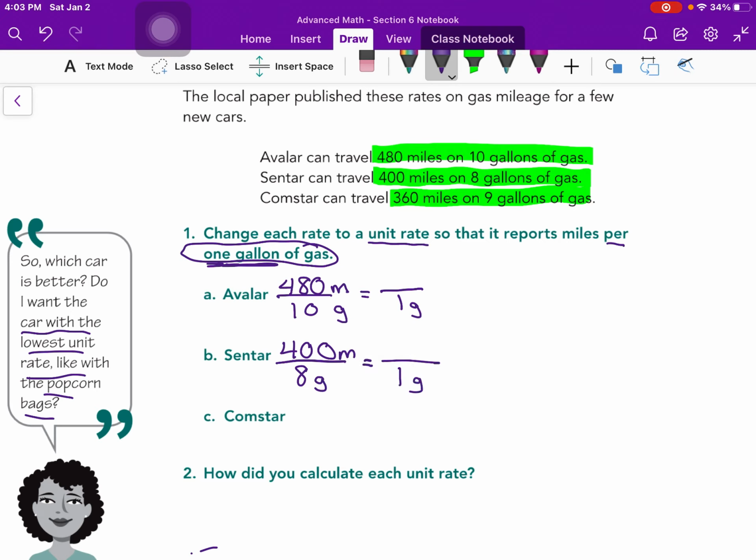Again, we want to get it down to 1 gallon of gas. And the Comstar does 360 miles on 9 gallons of gas. And we want to know how many miles it does on 1 gallon of gas. Once we know that, we can decide which car we want. Okay, so for this first one, we will divide by 10 to get our unit rate.